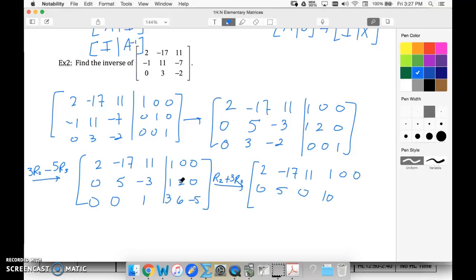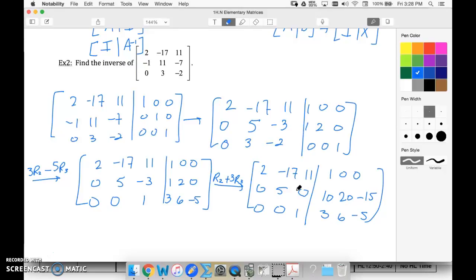So 10. 2 plus 18 is 20. And then 0 minus 15. And that's really nice because when I divide by 5, all of that is going to simplify down. And then 3, 6, negative 5.